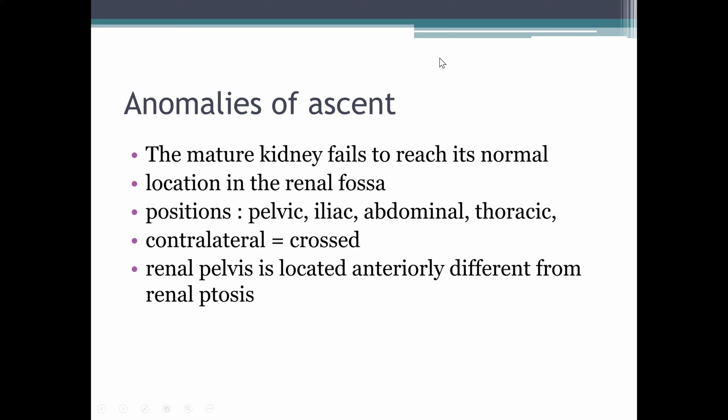In renal ptosis, if the patient somersaults or is upside down, if they put their hands up and put their legs up, then the kidney changes positions. So there are times you find the kidney in the normal position. There are times if the patient stands up, the kidney goes back to the pelvis. So that's the difference between the ptosis and the ectopia.